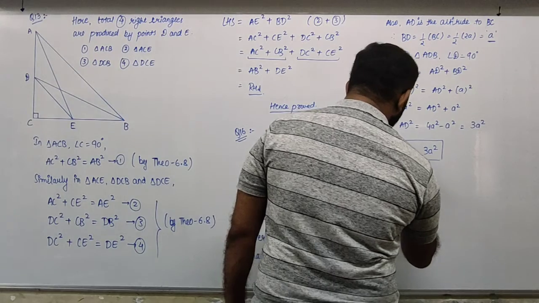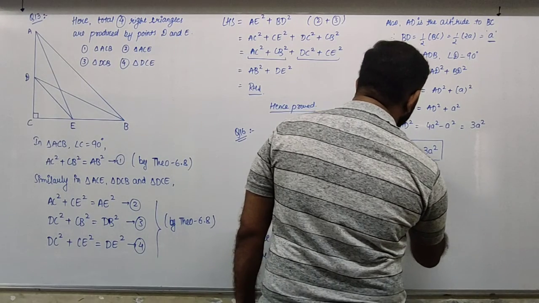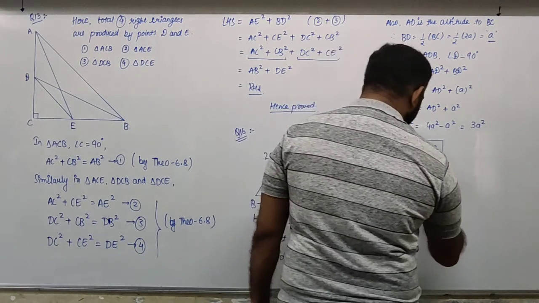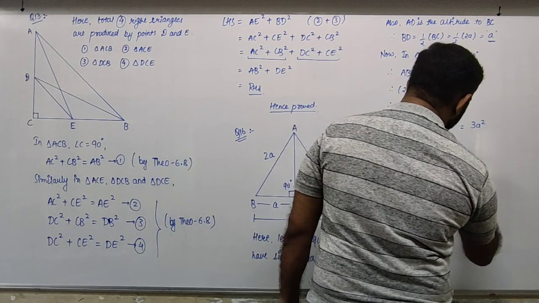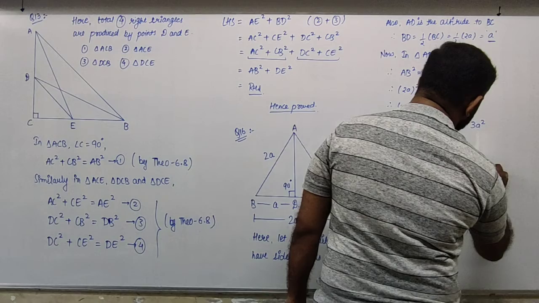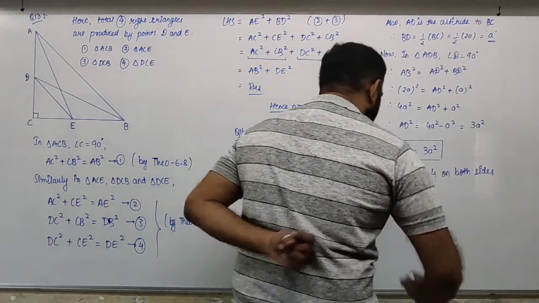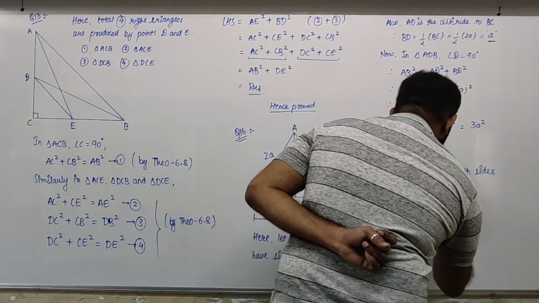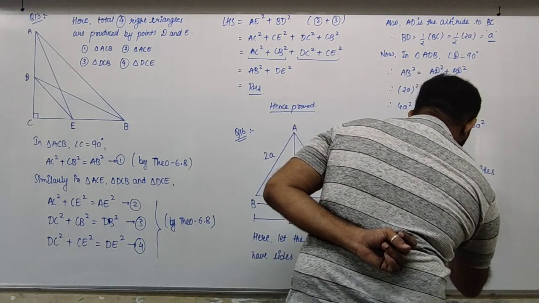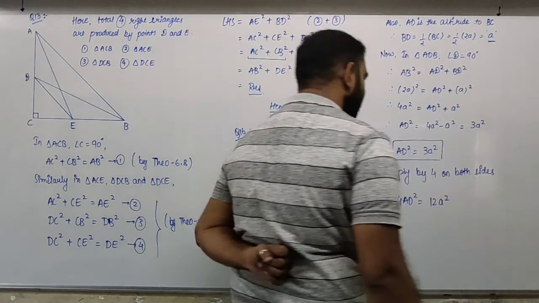Multiply by 4 on both sides. Therefore, 4AD square is equal to 12a square.